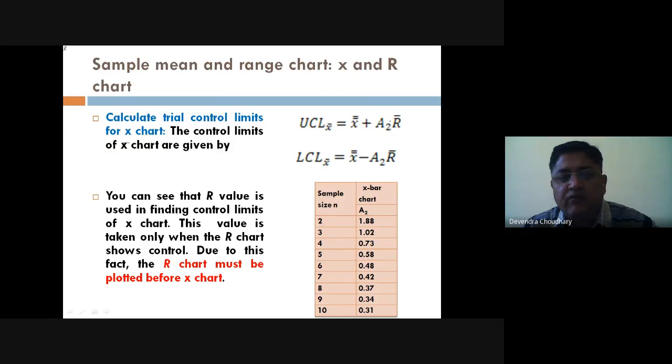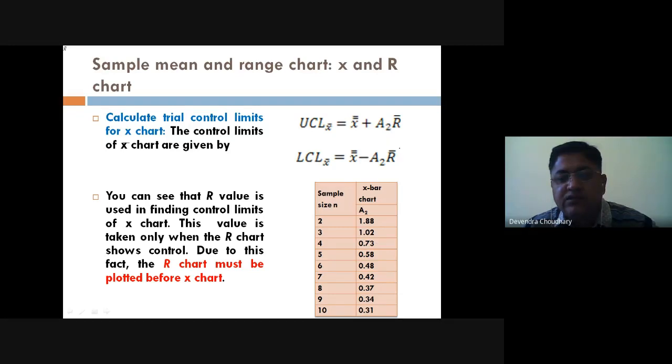Now, A2 value would depend upon the sample size. So if the sample size is 5, we take A2 as 0.58. If sample size is 4, we take it as 0.73.